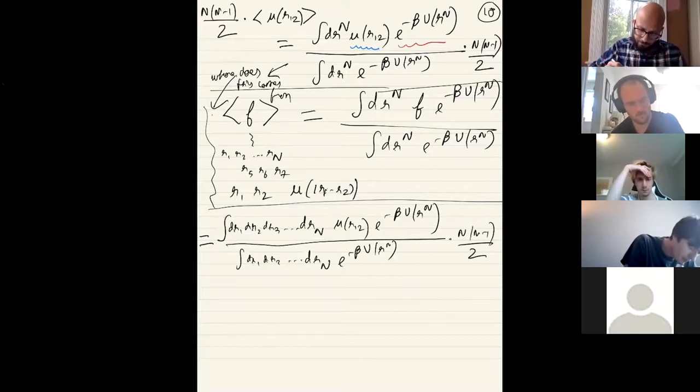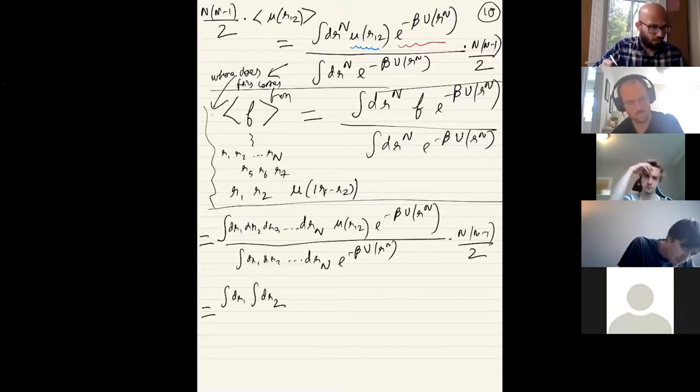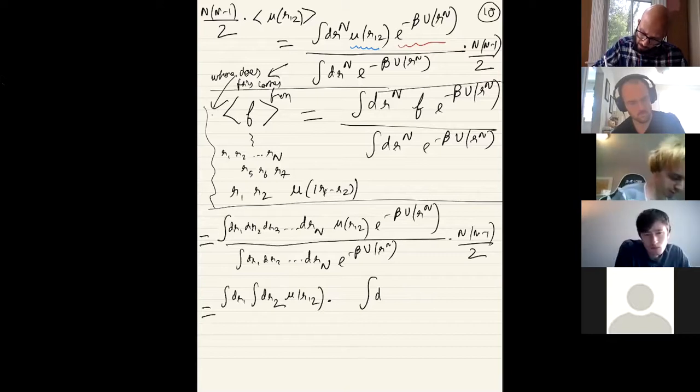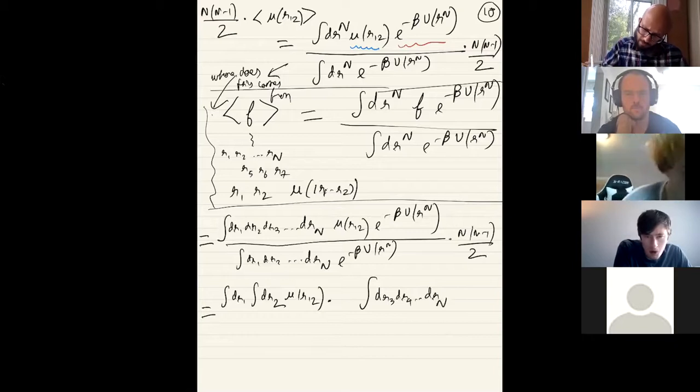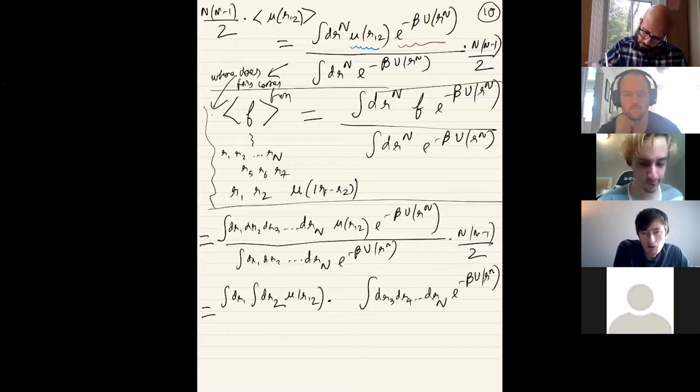Now think about it, this can be written as integral dr1, integral dr2, and we bring out our small u of r12 out here, and then do all the other integrals, dr3, dr4, up to drn, e to the power minus beta capital U of Rn.